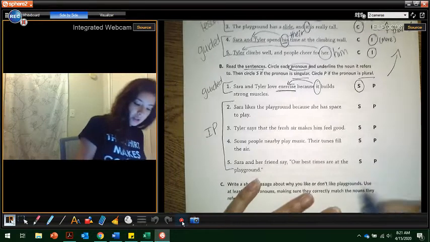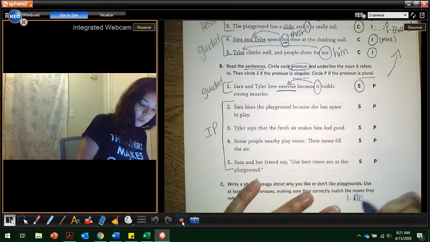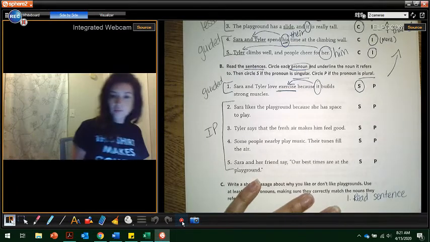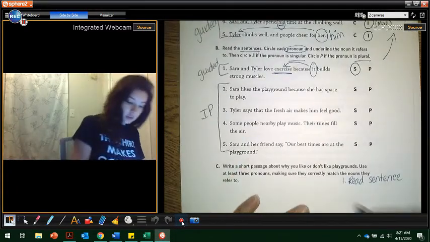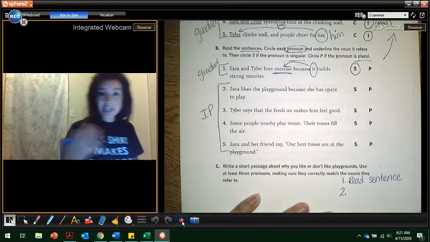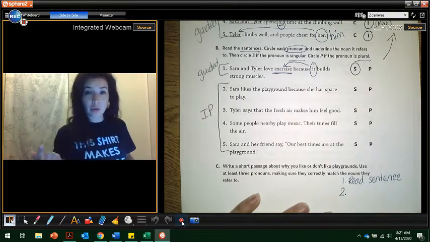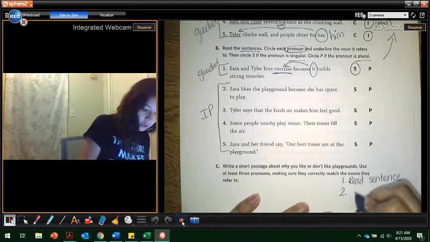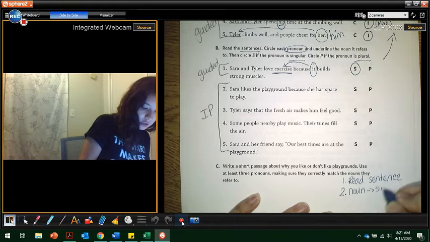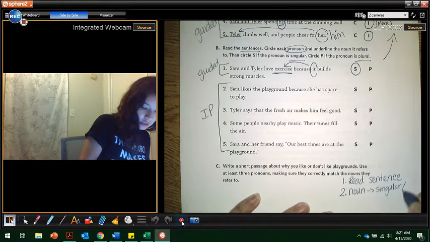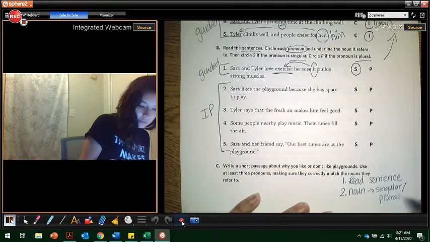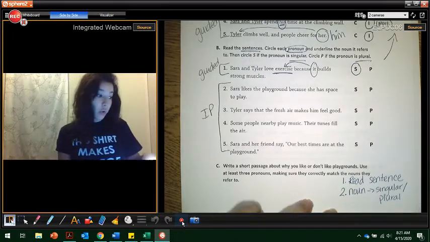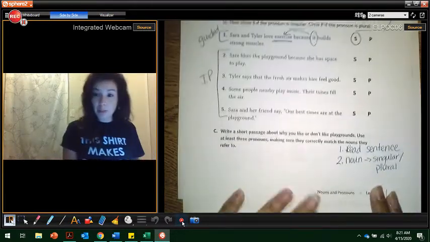So we're doing many things. We're reading the sentence, okay? We want to know if a noun is singular or plural before we choose a pronoun, right? So we can check the noun, singular or plural. We also need to know, is it a person, place, or thing?